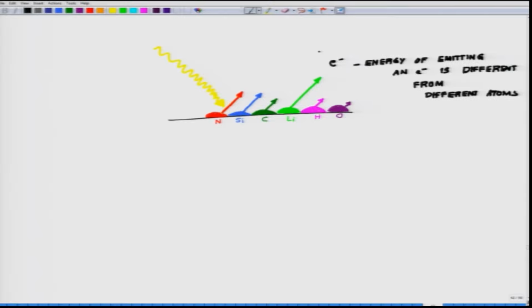Now, if you have a detector sitting here which could detect those speeds, then it will give you, in that case, 1, 2, 3, 4, 5, 6, 6 different signatures.